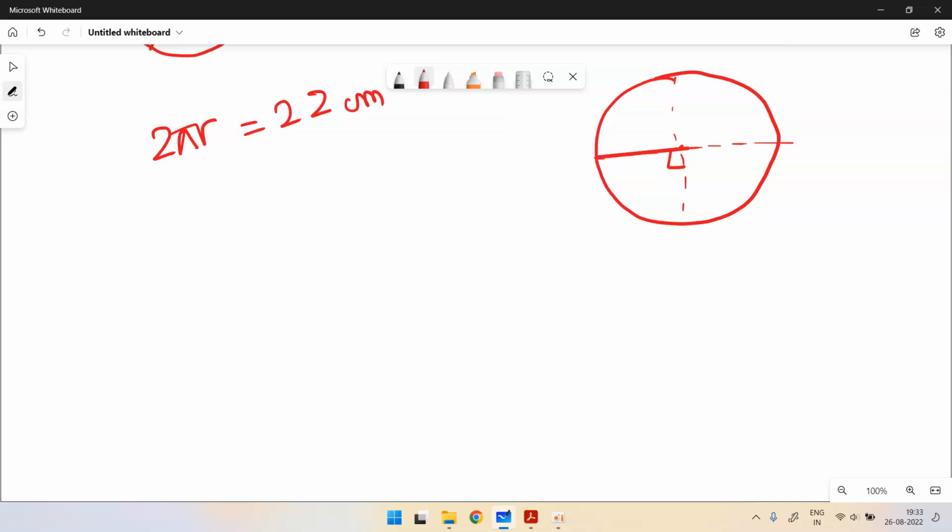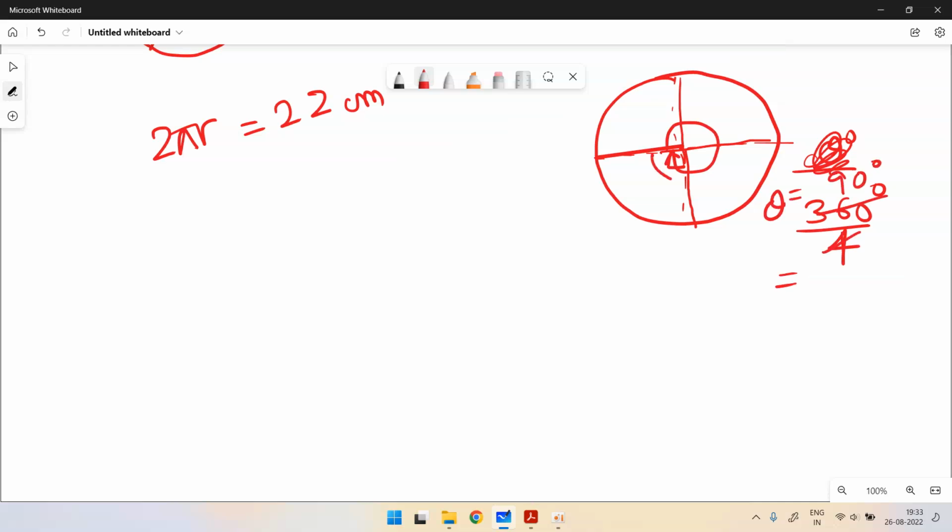This is the quadrant, so the angle will be 90 degrees. Why? Because the circle is divided into 4 equal parts, so 360 degrees by 4, because the whole angle is 360 degrees. 360 divided by 4 is 90 degrees. So theta here will be 90 degrees. You need to find the area of this quadrant.